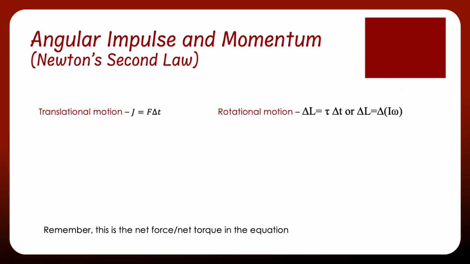Here's another thing that we've done in linear motion that we're going to now move into angular motion, Newton's second law. Now, lots of people want to just say F equals ma, but remember that's not really how Newton said it. This is only true if the mass is constant.